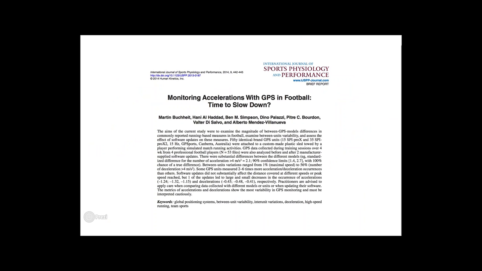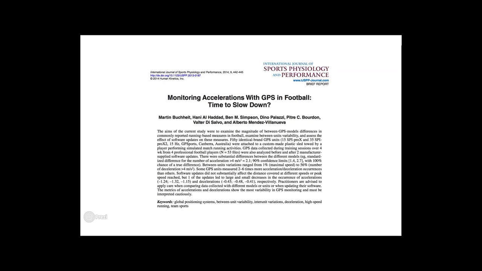Another thing we need to consider quickly is the validity and reliability of the GPS. So for this presentation and for everything that follows, I'm going to assume that all the GPS metrics are valid and reliable and sensitive, but as we know, and as the research shows now, there's a lot of typical errors. There are differences between manufacturers of GPS.